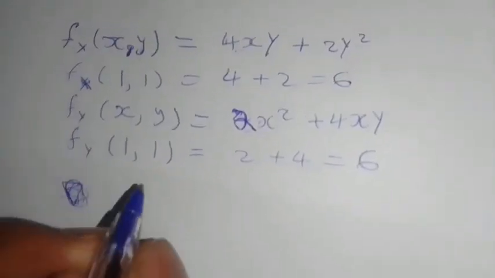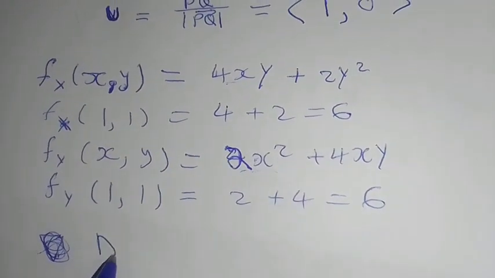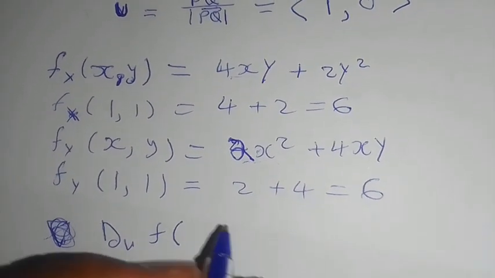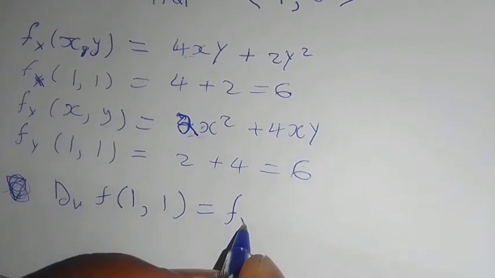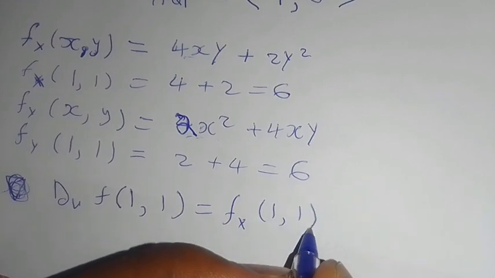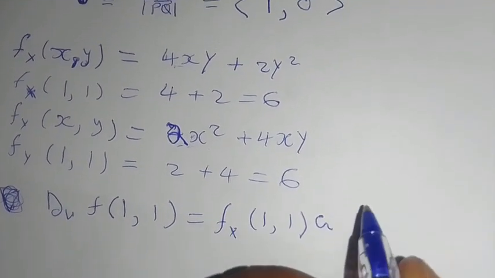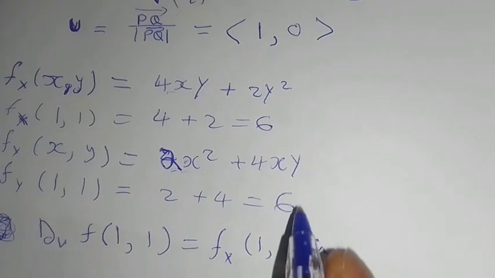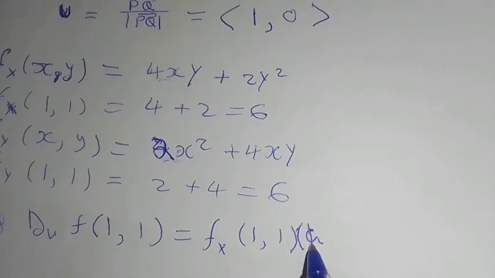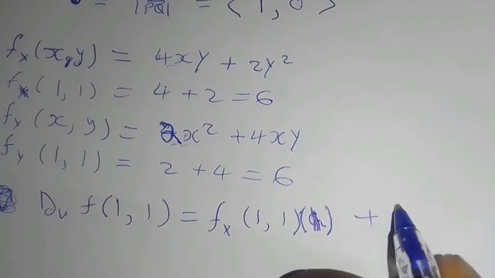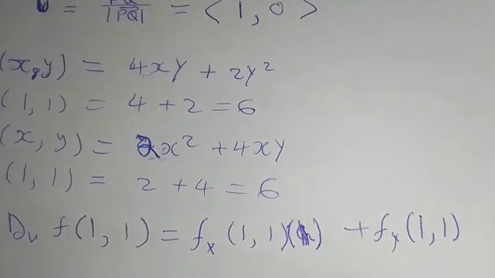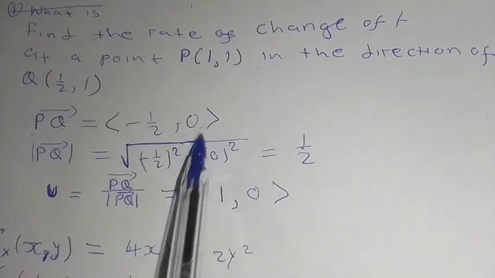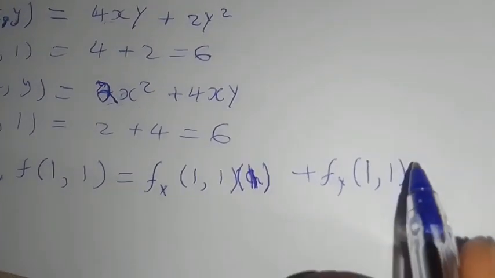So we have Du f at the point (1, 1) equals the partial of f with respect to x at (1, 1) multiplied by a, and our a is 1 at that point, so it's 1, plus the partial of f with respect to y multiplied by b, and b in that case is 0. Our unit vector says that's 0.